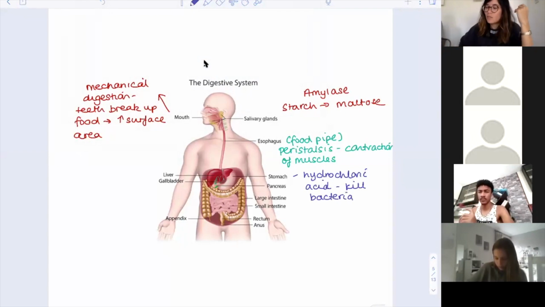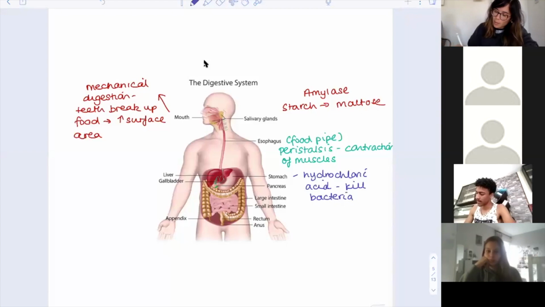If obviously we take in rotten food or really nasty food that's got too much bacteria, then that's why we get sick. Hopefully you also remember that the stomach produces the enzyme protease, which, remember, carries out the chemical digestion of proteins into amino acid.